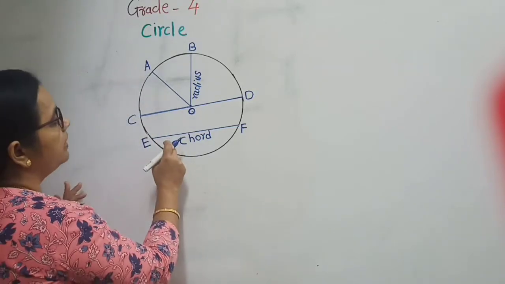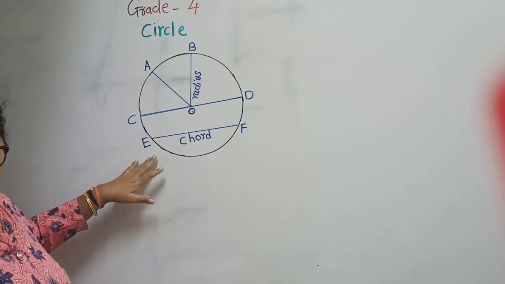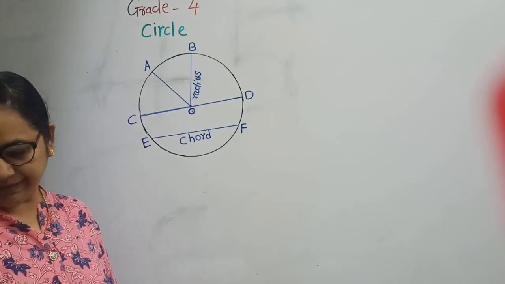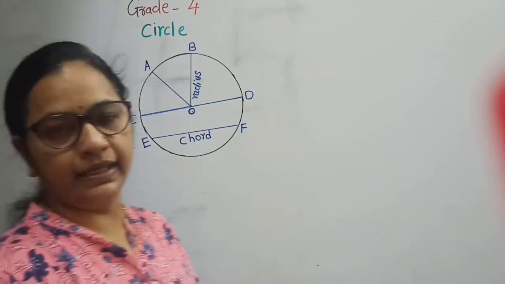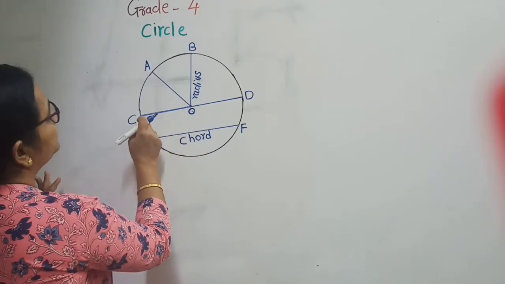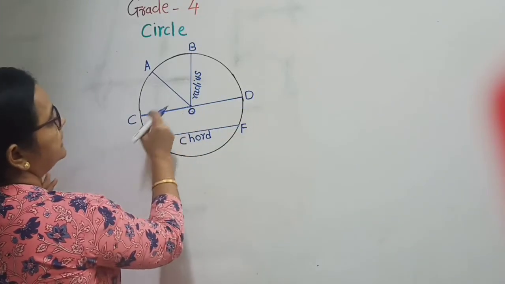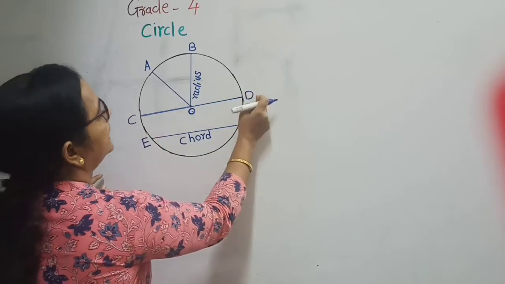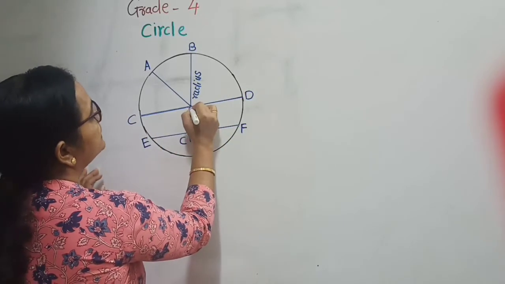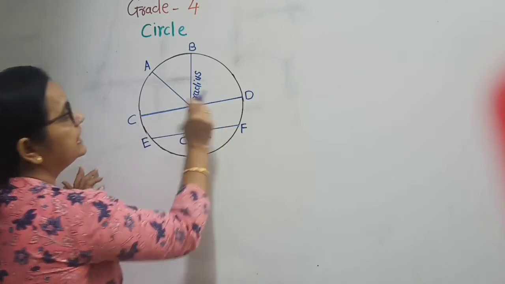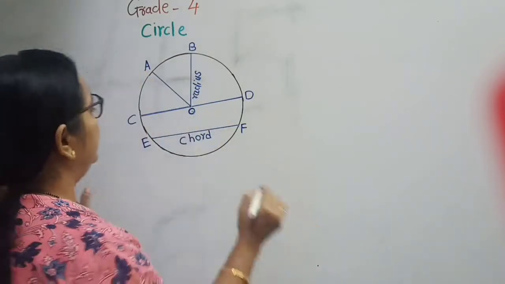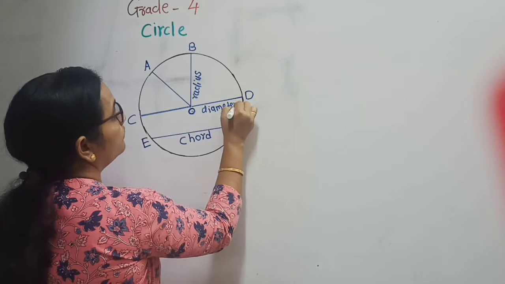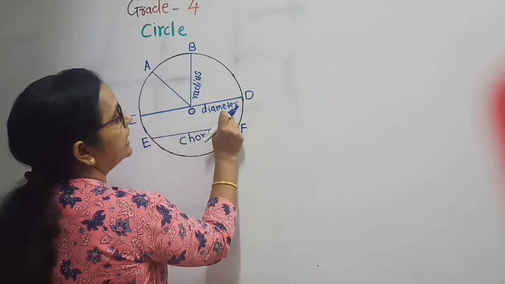A chord of a circle which passes through the center is called its diameter. See here, this chord CD passes through the center, so this line is called a diameter. Why do we call it diameter?